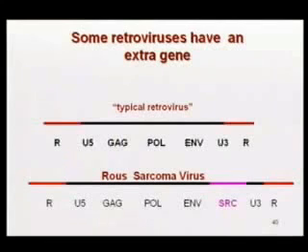And this was called the SRC gene because this was the gene that was rapidly identified as being responsible for these viruses to cause the tumor in the chickens. If you deleted this gene, you've still got progeny virions, but you could not form a tumor. So this fitted the definition then of what we talked about yesterday of the oncogene. So this is an oncogenic sequence that is extra to what is necessary to make a retrovirus.